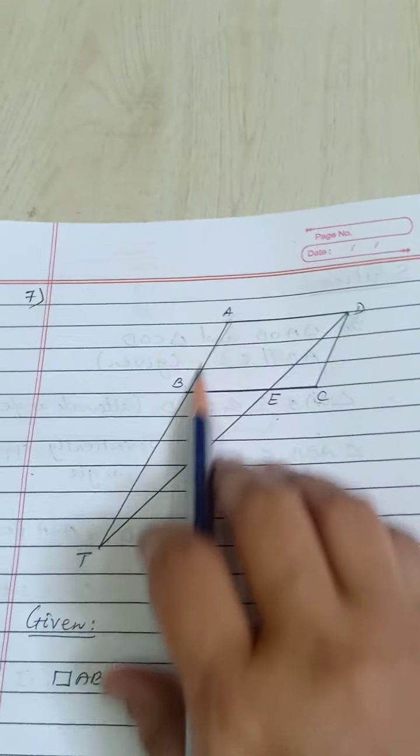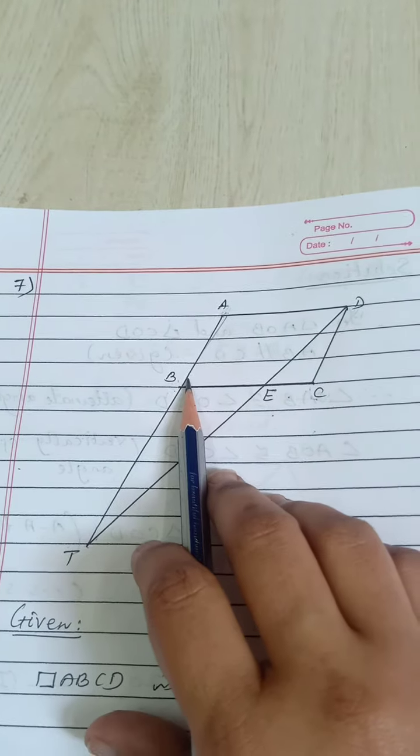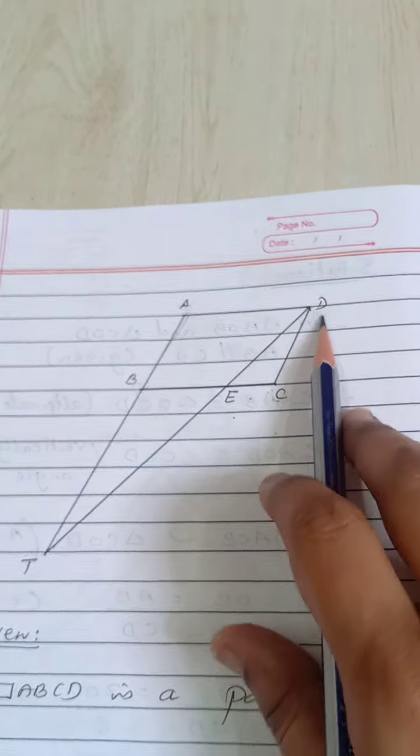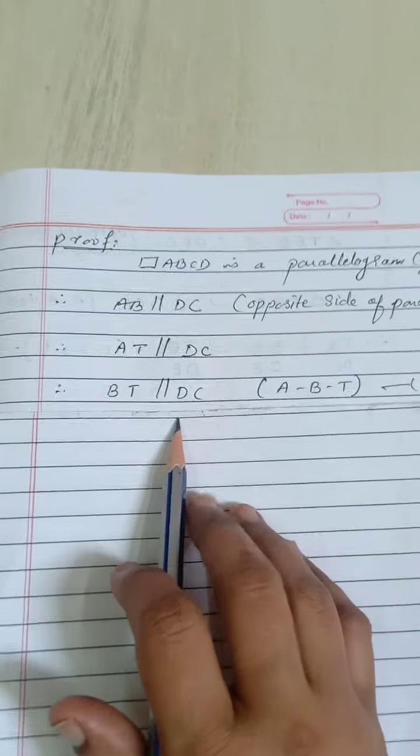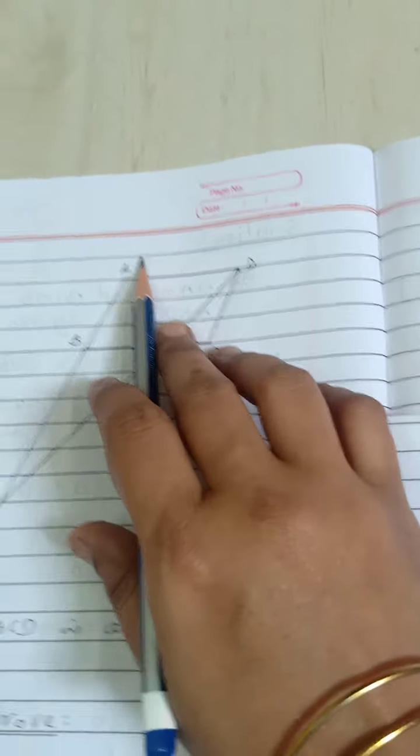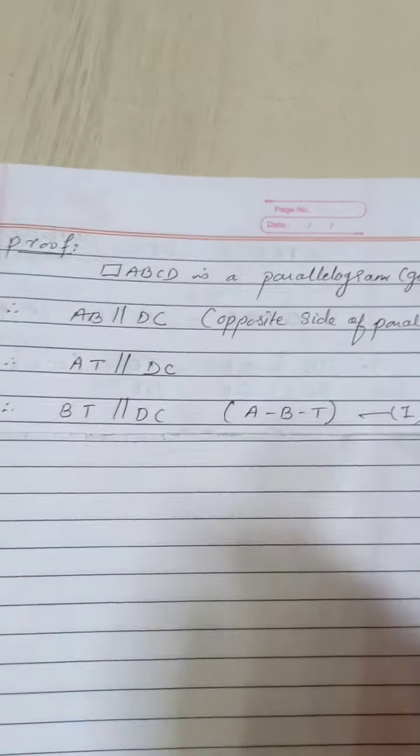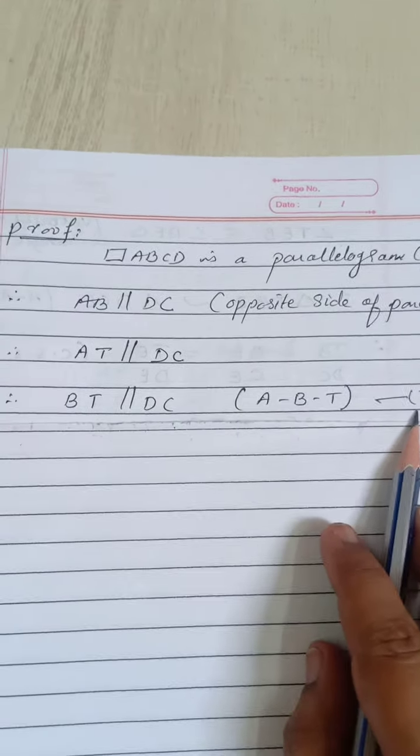If the full side AT is parallel, BT is also parallel to DC, because A, B, T, all three points are collinear. We call this equation number 1.